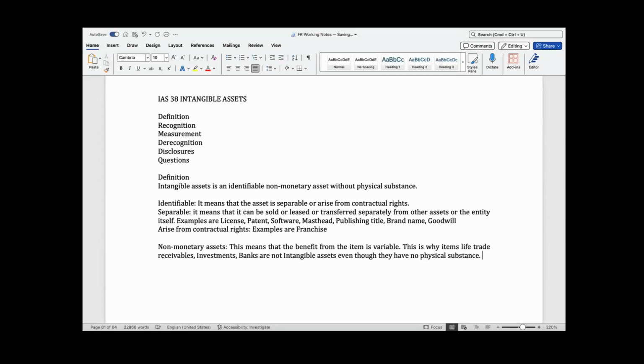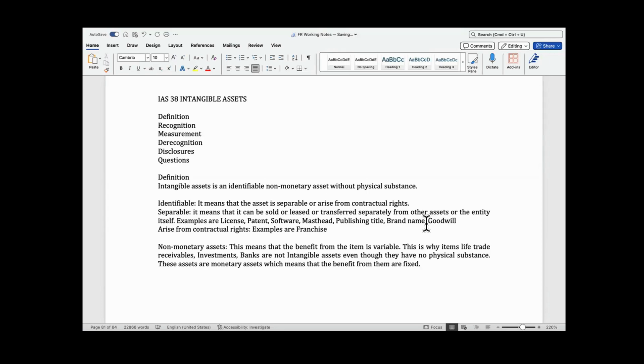That's because these assets are monetary assets, which means that the benefits from them are fixed.